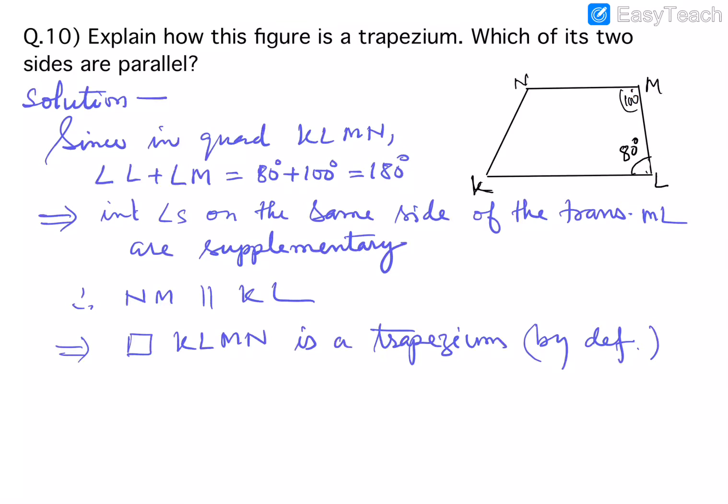So these two angles are interior angles on the same side whose sum comes out as 180 degree, or we can say that the adjacent angles of this quadrilateral is 180.